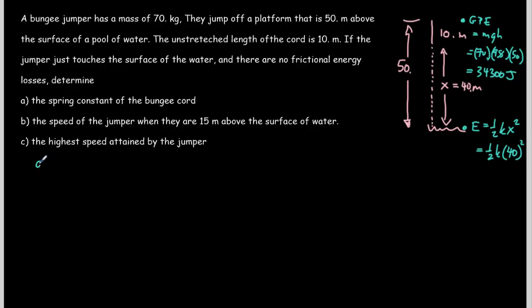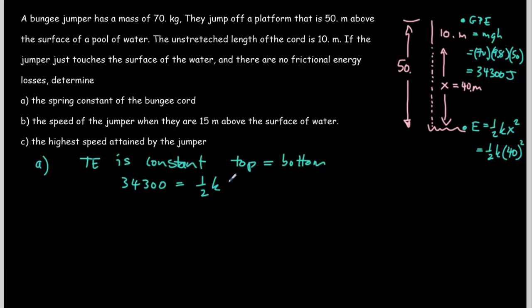So in part A here, you can just say that the total energy is constant. So the energy at the top must equal the energy at the bottom. That is 34,300 must be equal to 1/2 k times 40 squared.